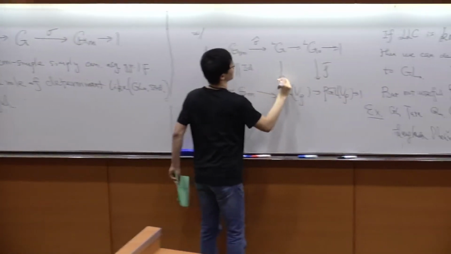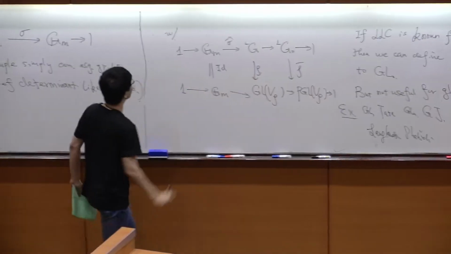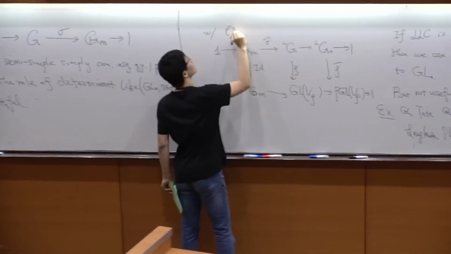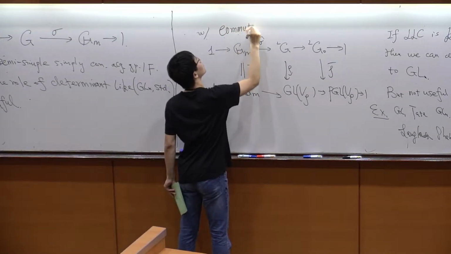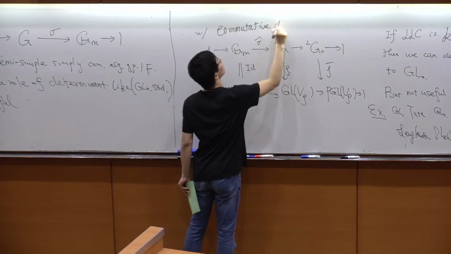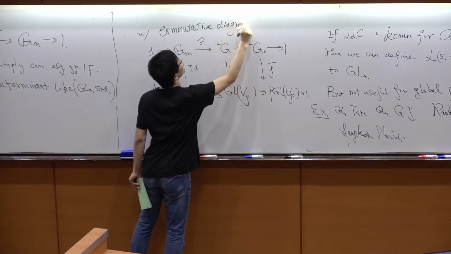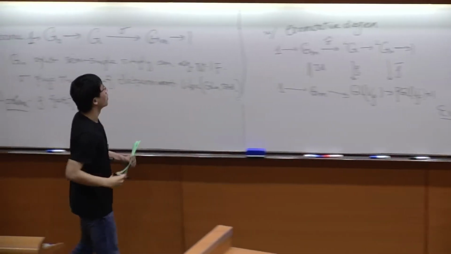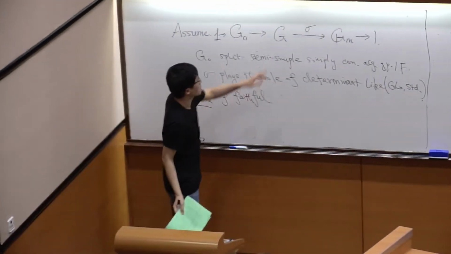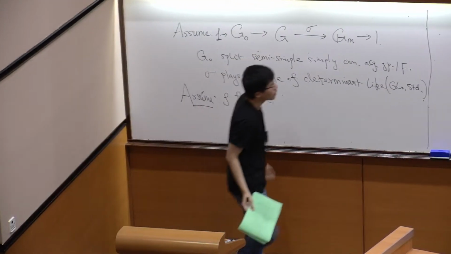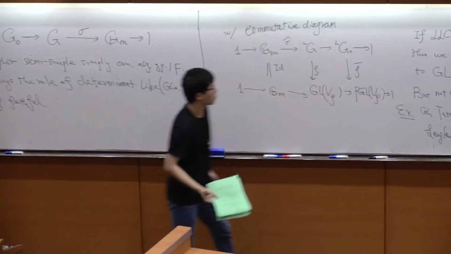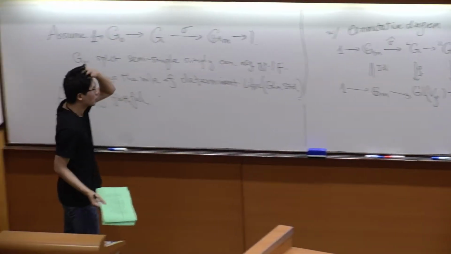Here's rho. Here, the first row follows from dualizing the short exact sequence here. And the rho bar is the projective representation associated to rho.